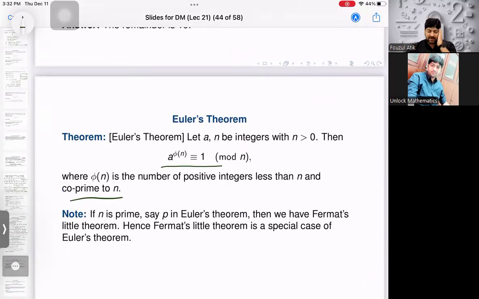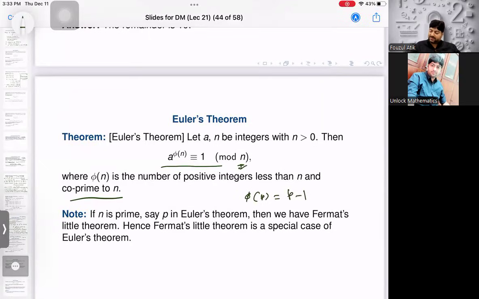So this is another important result. You just remember the statement, and whenever you can, apply this theorem. Some results are related. A to the power phi of n is congruent to 1 mod n. In Fermat's theorem, it was a prime number and a to the power p minus 1. So if you replace this n by p, then phi of p is actually p minus 1.